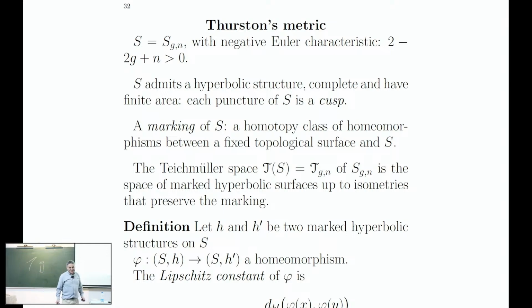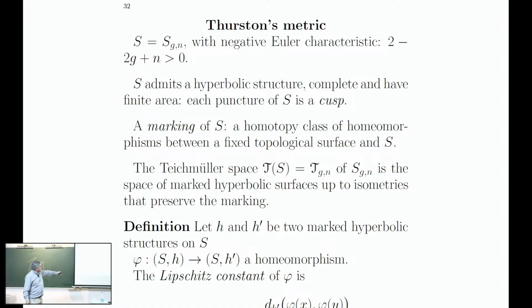Yes, 2 minus 2g minus n, and this inequality sign was wrong; it must be negative instead of positive. Thank you, I'm sorry. Maybe I also made a mistake in one of my papers, because yesterday when I was copying this formula from one of my papers, I copied it as is, but it's fine. Everybody knows that I make such mistakes and you can correct me.